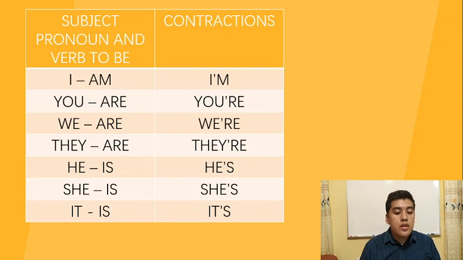And the contractions, of course: I'm, you're, we're, they're, he's, she's, it's. In the present progressive, you can use the formal way or the contraction. Both are right.